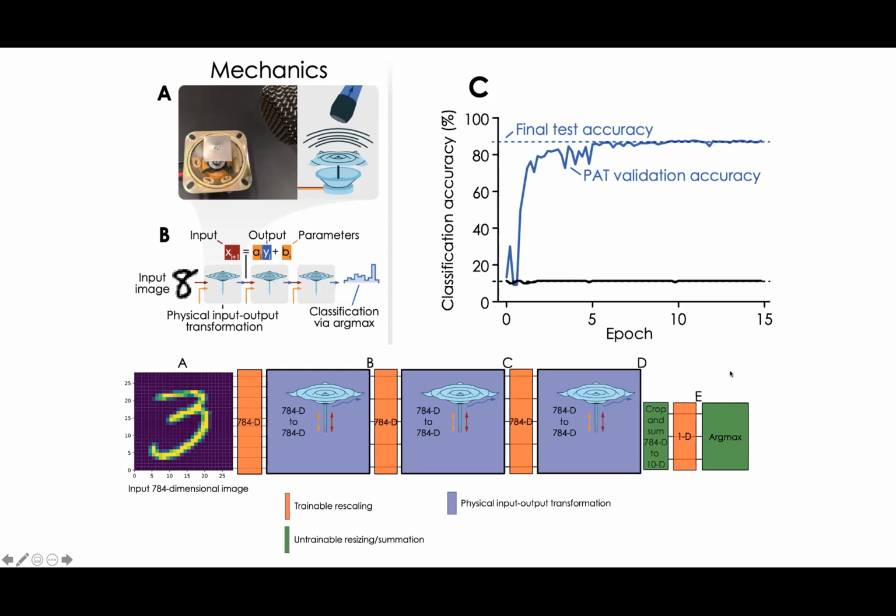But the authors claim that if you replace these 3 physical systems with the identity operator, then you get this black one, to show that although this is kind of simple, these 3 operators are still important.